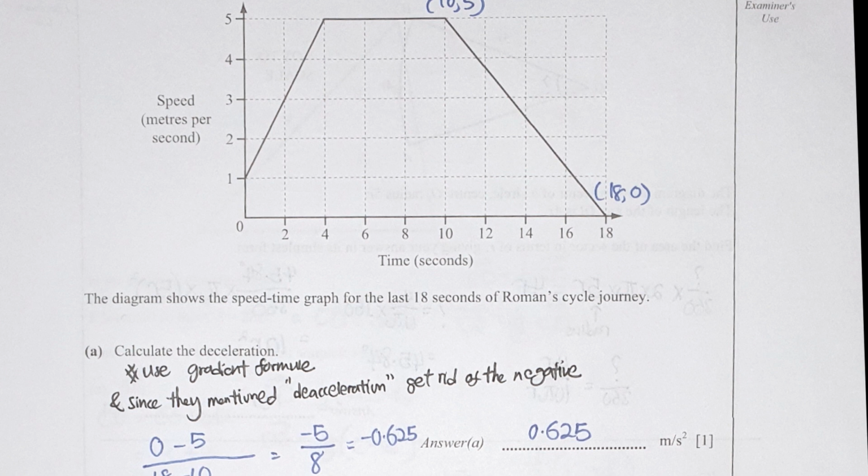However, when you transfer it to your final results column, do take note to remove the negative because it is already represented by the keyword in the question, deceleration. Simply set one of the coordinates as x2 and y2 and the other one as x1 and y1. Run the calculation, your final result will be 0.625.